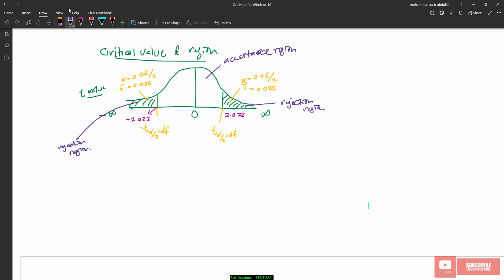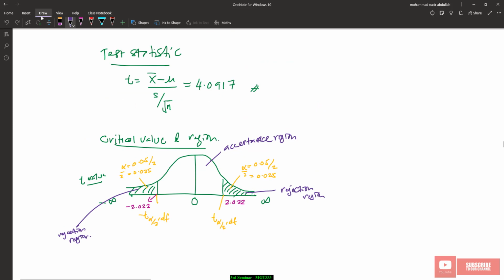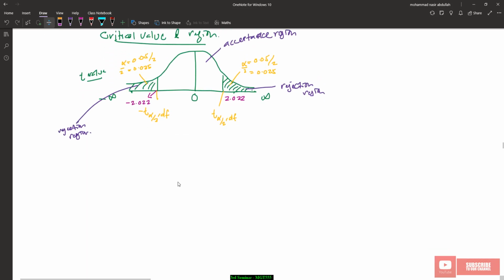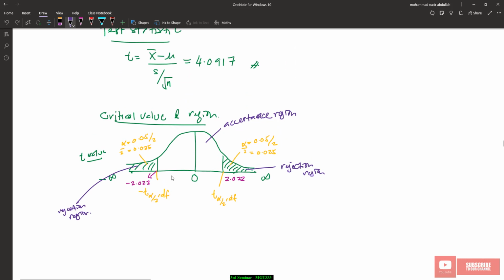Right? So now, since we already calculated the critical value, we need to make a decision rule. So what is our decision rule?